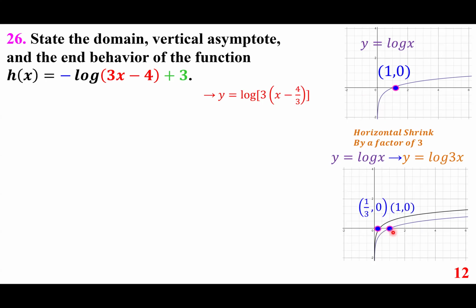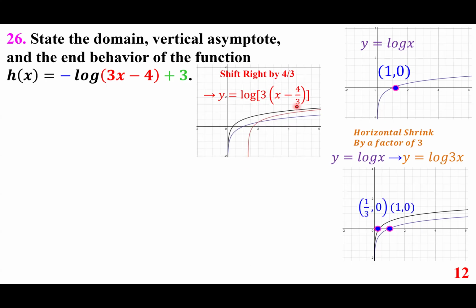So we are going to look at this green one and shift it to the right by this much, 4/3. So when we do that, this one has coordinates (1/3, 0), and it has shifted by 4/3. So we're going to add 4/3 to 1/3, and the new one is located at (5/3, 0).